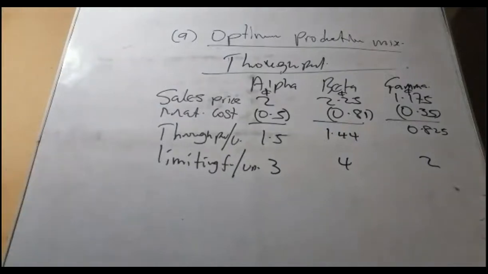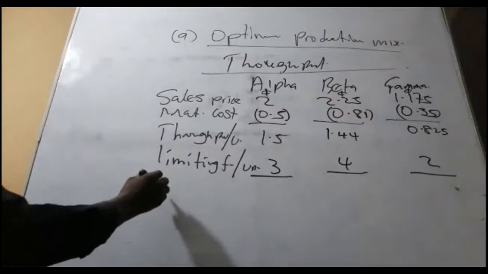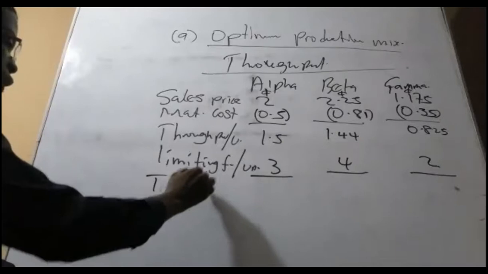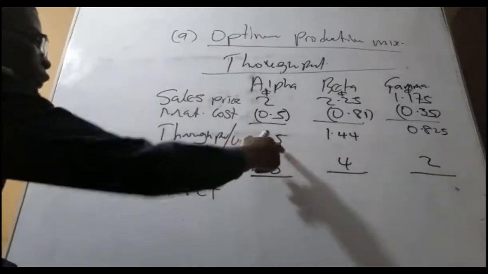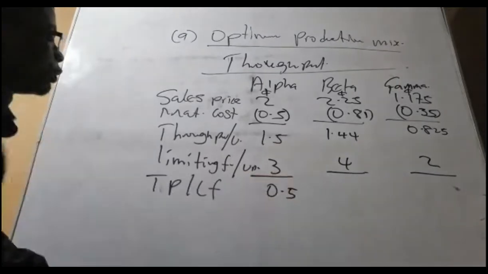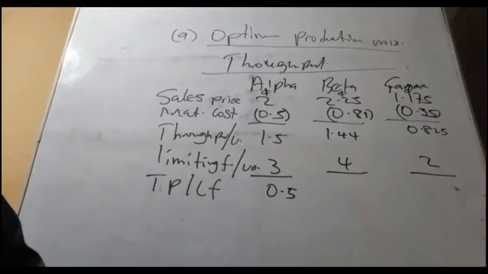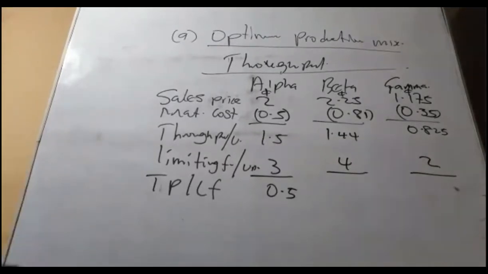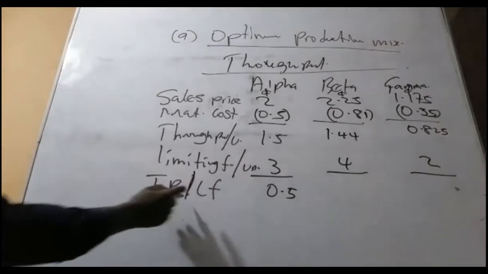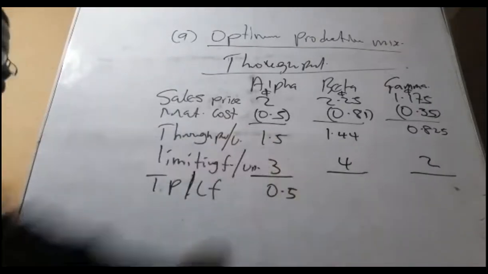So when we are done, we will divide and then we get what you call throughput per limiting factor. So 1.5 divided by 3. That will give us 0.5. 1.44 divided by 4. We are dividing because we said throughput per limiting factor. So throughput divided by the limiting factor. This is the throughput per unit, divided by limiting factor per unit.